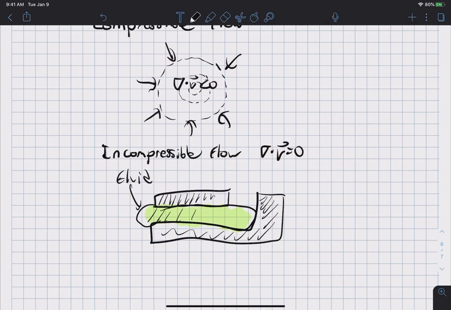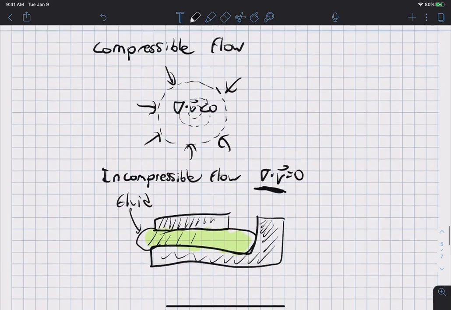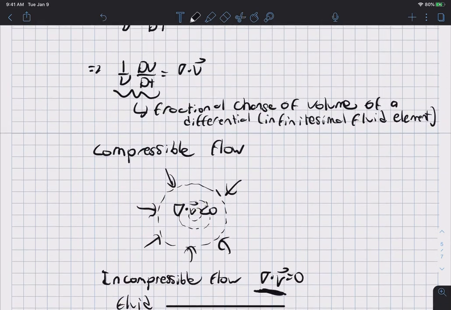And I have a glob of fluid for an incompressible flow, because the flow is divergence free, we can say that the velocity divergence is equal to 0, which means that the fractional change of volume is also 0.